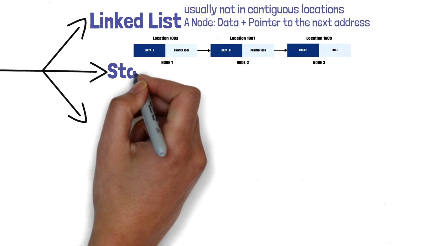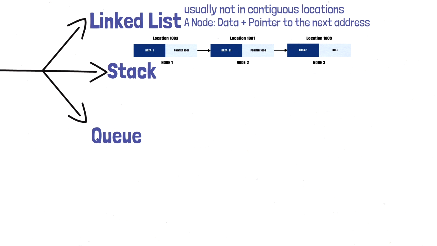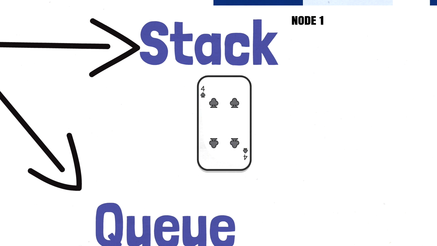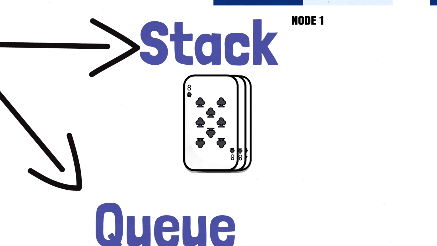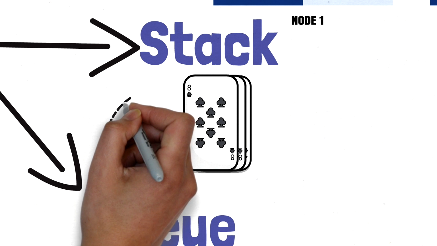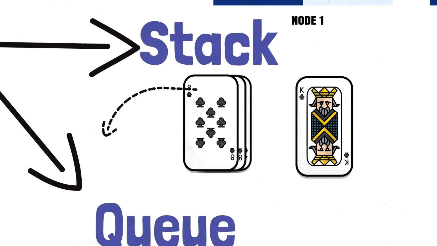Then we'll look at our last two data structures today. Those are stack and queue. These two are dynamic linear data structures as well. A stack data structure is just like a pile of cards, and what you can do to the cards is just take away one card at the top or add a new card to the top each time.